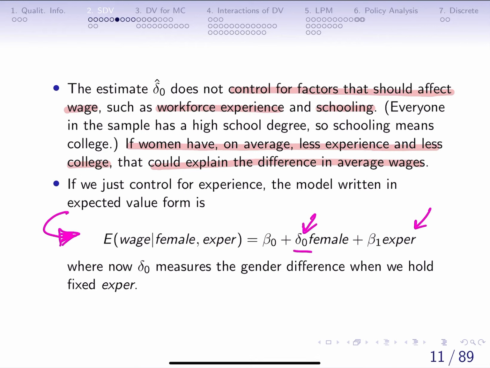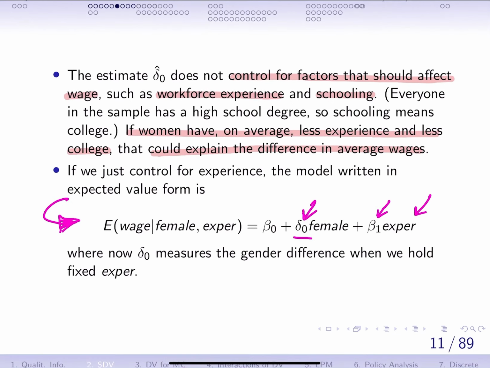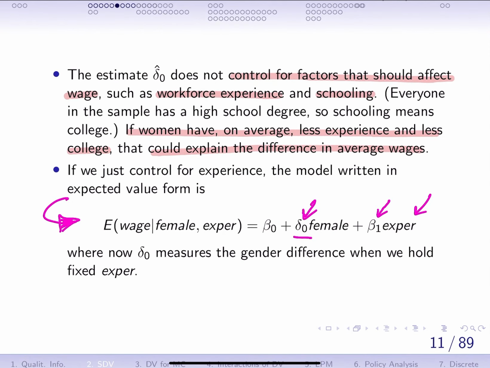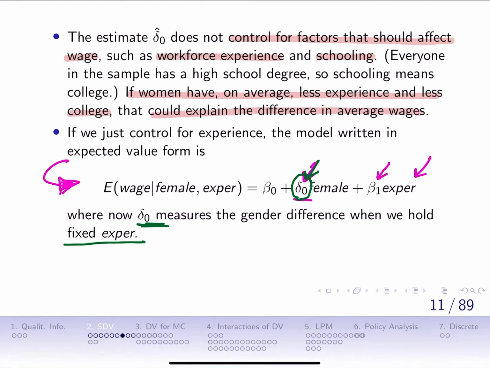So I'm keeping that as delta, but I'm denoting the coefficient on experience by beta 1. Okay, so the interpretation of this delta naught now is that it is measuring the difference between females and males when we hold experience fixed.